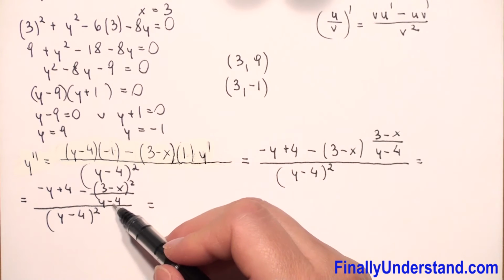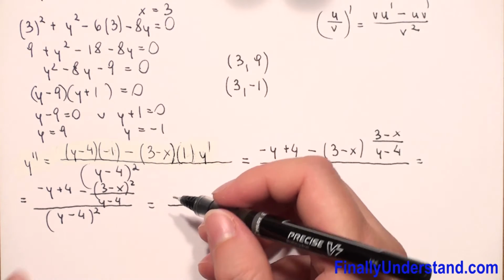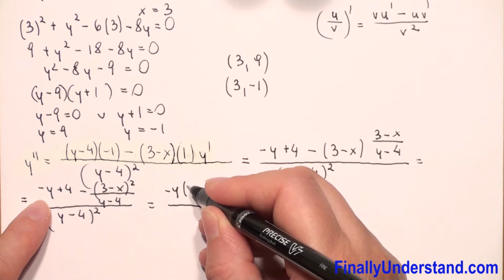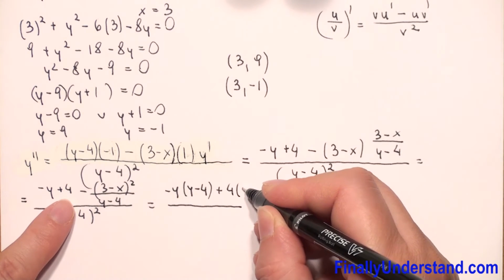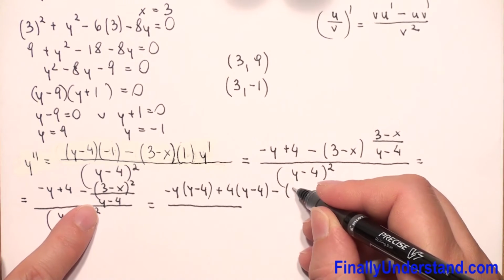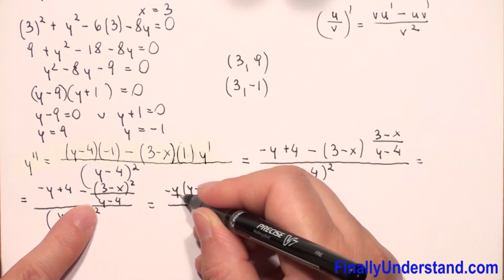The denominator will be y - 4, so I have to multiply -y times (y - 4) plus 4 times (y - 4) minus (3 - x)^2.